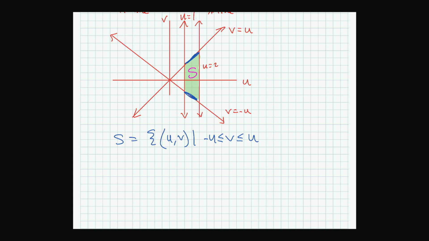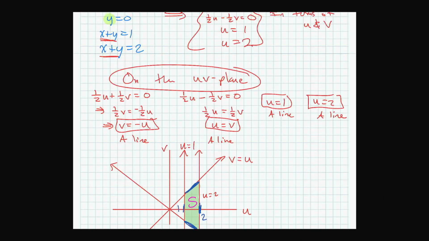And u, like your x-axis, is between 1 and 2. Maybe you would have wanted to write this the other way around. But v equals u and v equals negative u are your bounds for v, and these are your bounds for u.